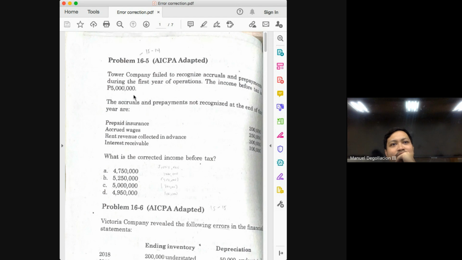Debit unearned revenue, credit rent revenue. So that means rent revenue. I really believe the 300 should be added.